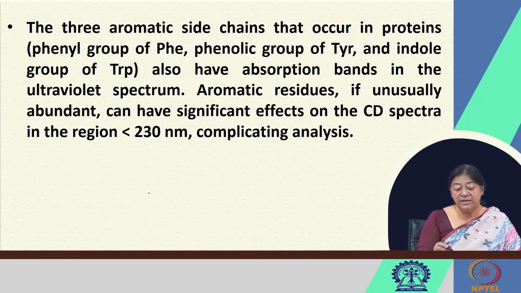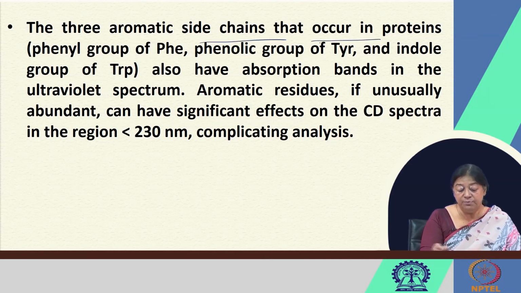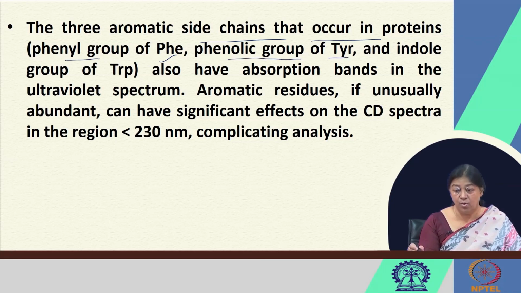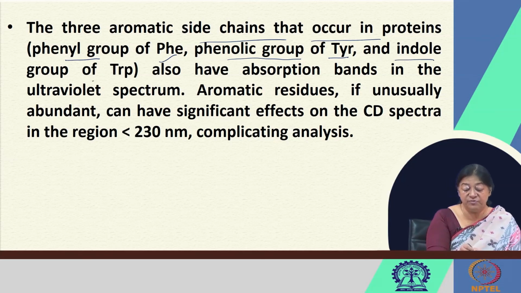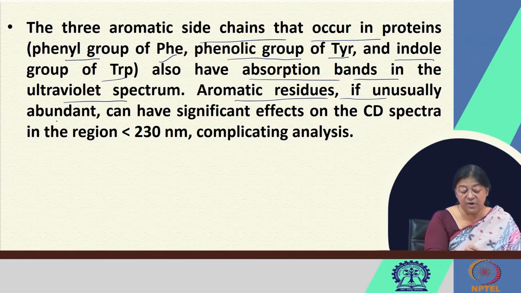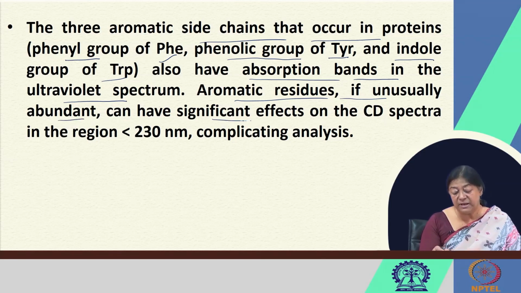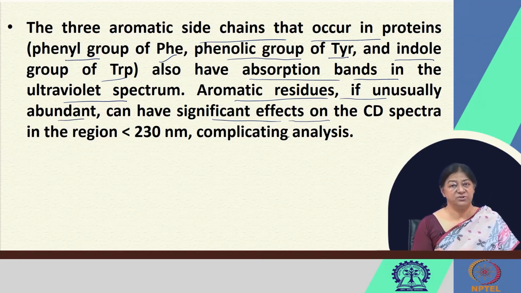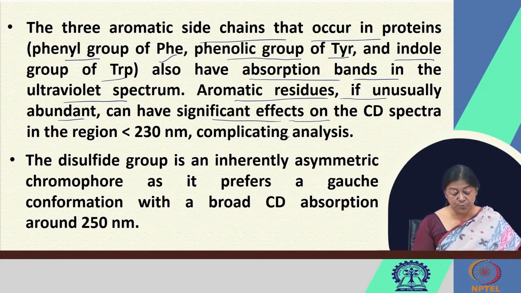The three aromatic side chains that occur in proteins are the phenylalanine that has the phenyl group, the phenolic group of tyrosine, that is the OH, and the indole group of tryptophan. They also have absorption bands in the UV spectrum, as we were just discussing. The aromatic residues, if unusually abundant, sometimes have effects on the CD spectra, but nevertheless this is more of the transitions that we spoke about.